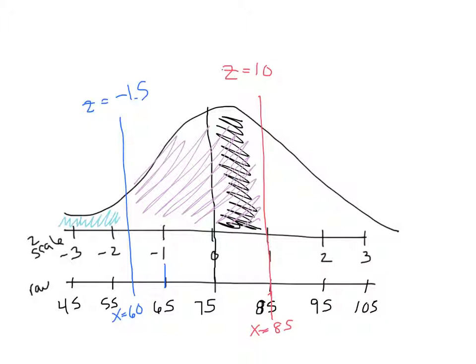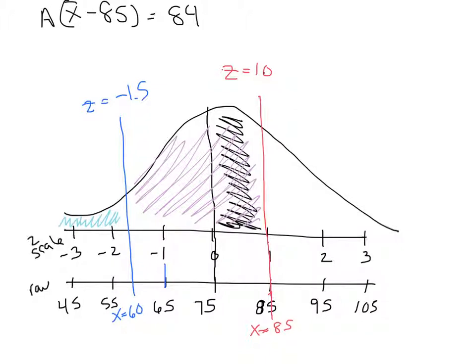So in order to get the black area, we look at a z-distribution. So this is the area of the mean, and we get the larger portion for a z-score of 1.0 is, what did I get, 84%.